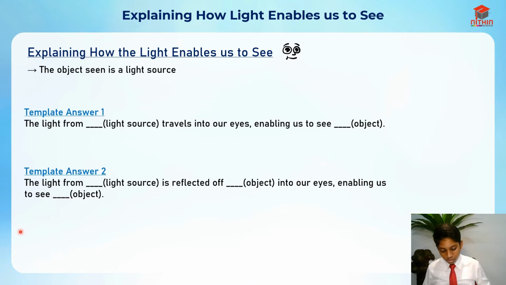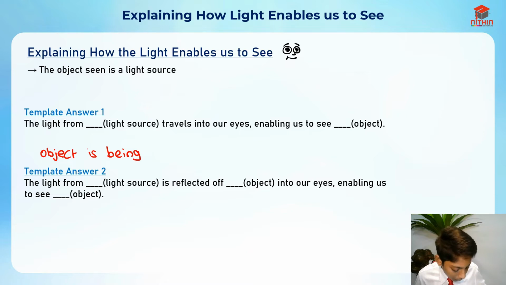The object seen is the light source, or the object is being reflected.